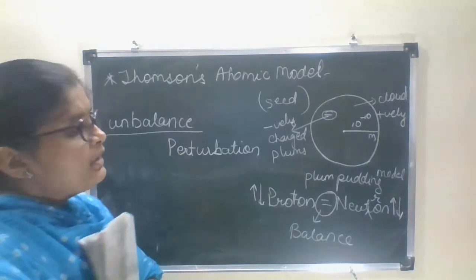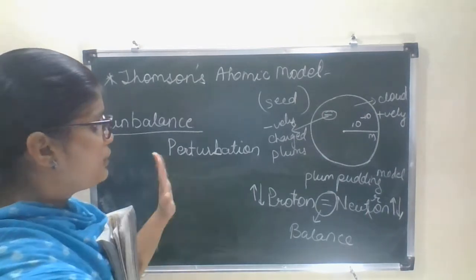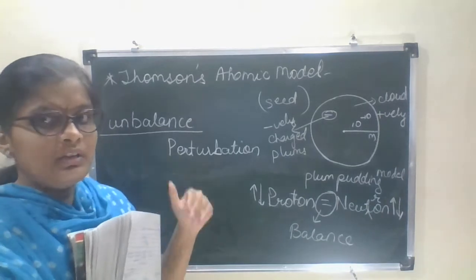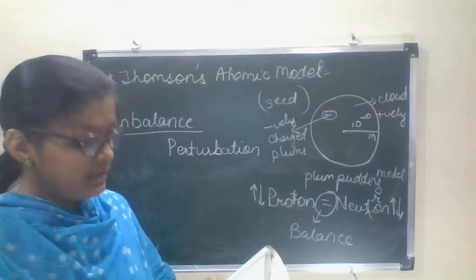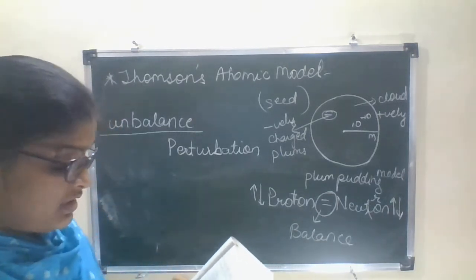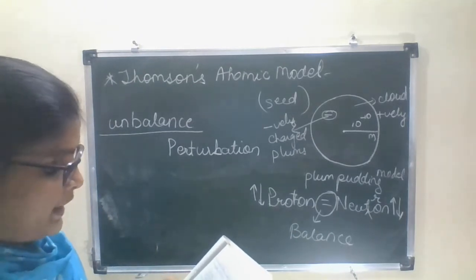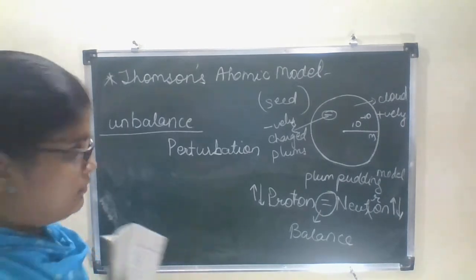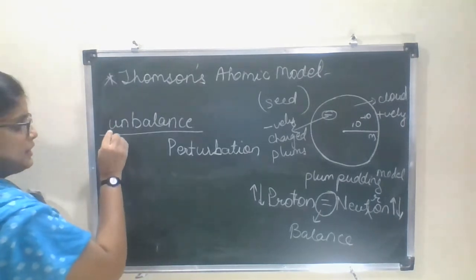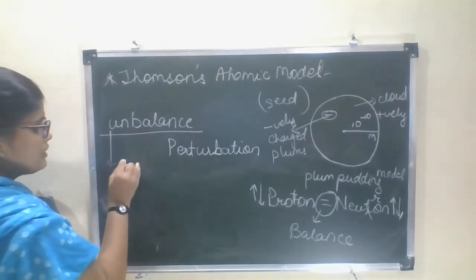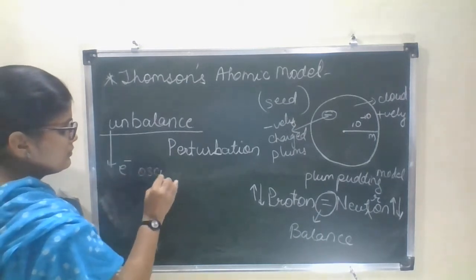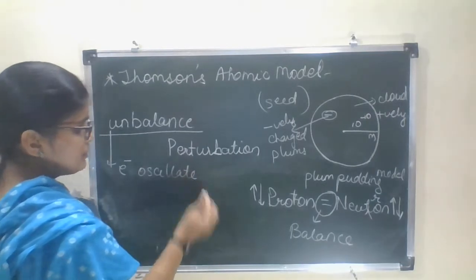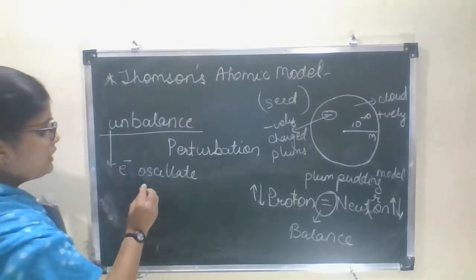Okay, so when the number of protons or neutrons is changed, or the atom is in an unbalanced state, what happens then? We must know what it is. Electrons in the atoms are going to oscillate about their equilibrium position. So what happens in the unbalanced state? Electrons are going to oscillate around the equilibrium position.